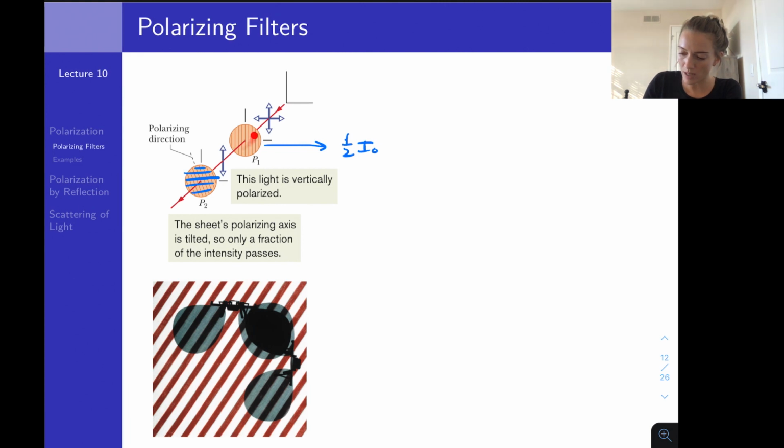Between this polarizer and the next you would have the 1/2 I naught times cosine squared of 90 degrees, because the angle between the electric field and the polarizer is now 90 degrees. Cosine of 90 is 0, so actually no light at all would get through. The intensity of the final light would be 0. That's why two sunglasses held together at 90 degrees are just completely black and don't let any light through.